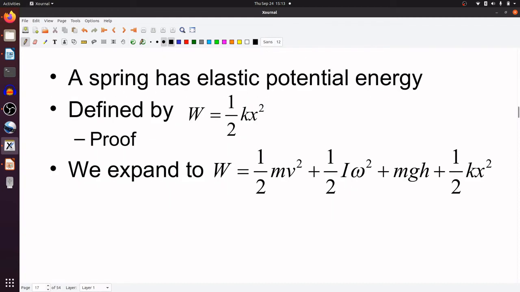And so how do we come across that? Well, I will show you. Let's say I have a little spring. Let me draw this out a little bit better here.